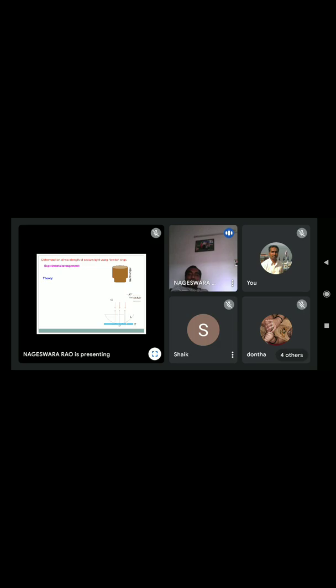This plano convex lens has a high radius of curvature, and it is placed on the plane glass plate. The space between the curved surface and the plane plate is just like a wedge shaped air film of increasing thickness, existing from the center to the end of the plate.